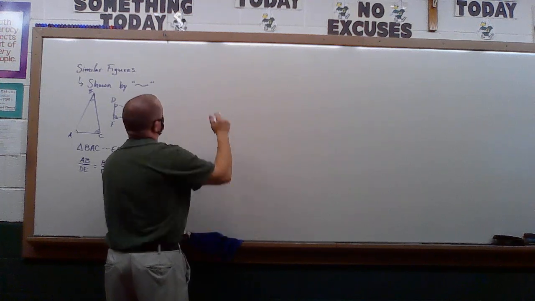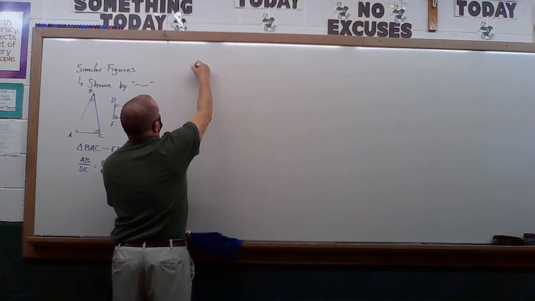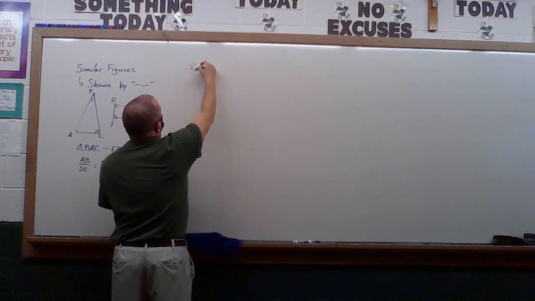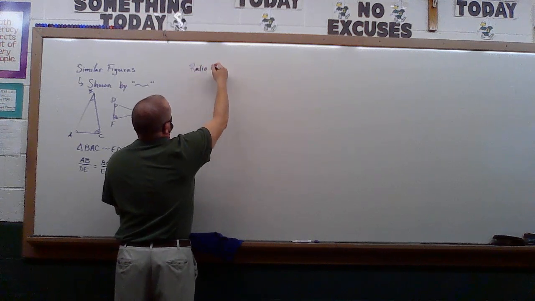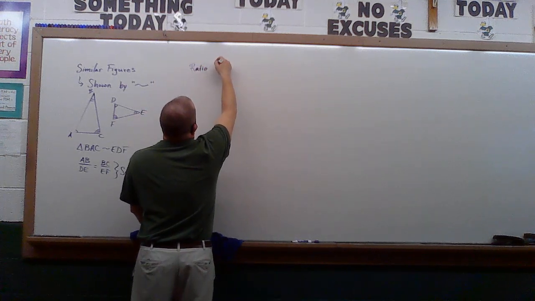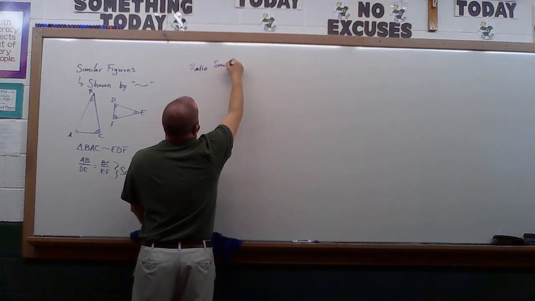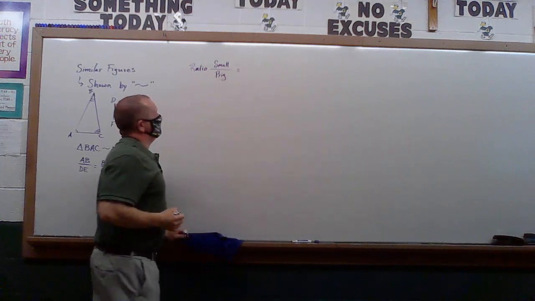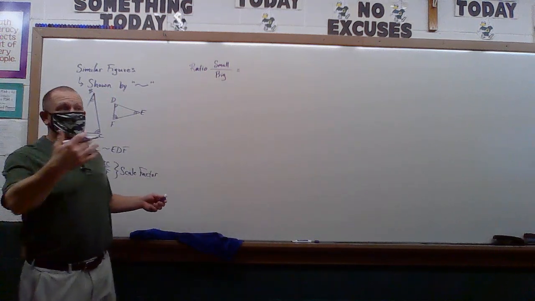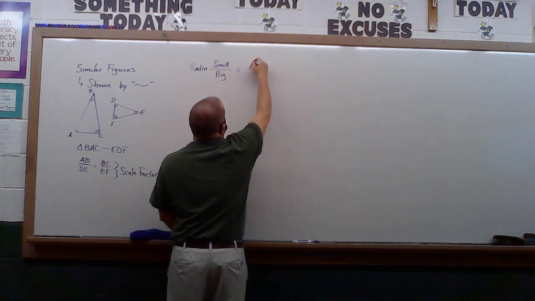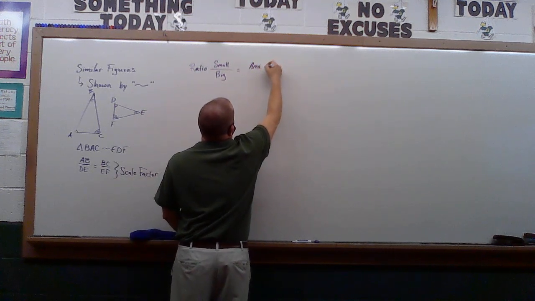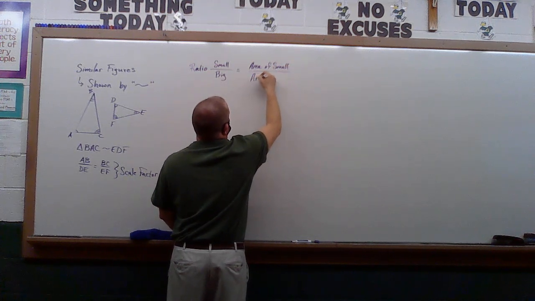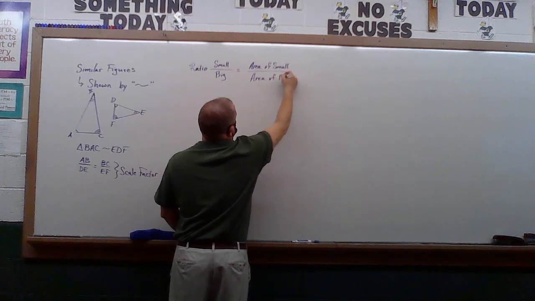I know that my ratio with the, let's say, small over the big, it's going to be equal to, when we did the perimeter, they were the same, but now we're talking about the area of the small over the area of the big.